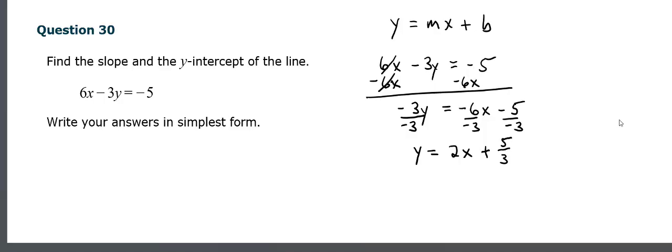And we can't simplify that any further. So now we have it in slope-intercept form. So our slope in this case would be 2. And our y-intercept would be 5/3, or as an ordered pair, 0 and 5/3.